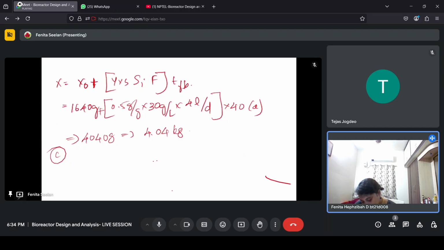So to calculate the biomass produced per each run, it is equal to the final biomass. We know that it was around 4040 grams or 4.04 kg.